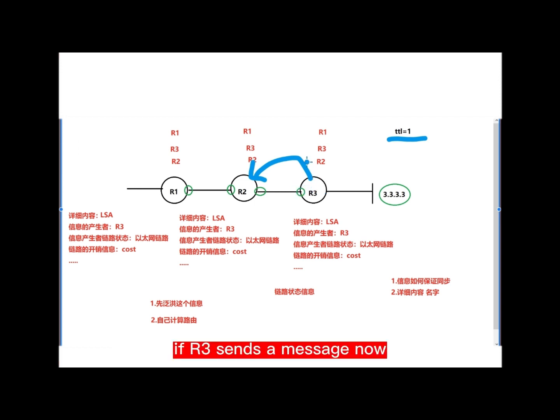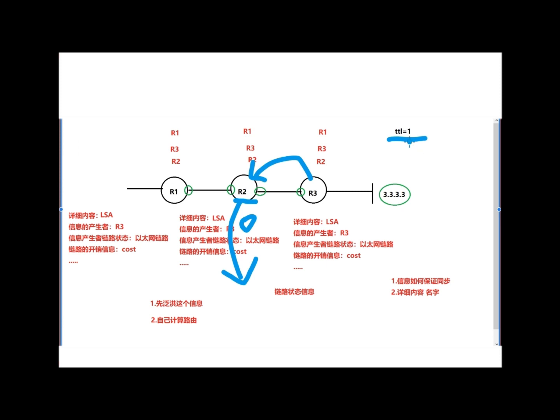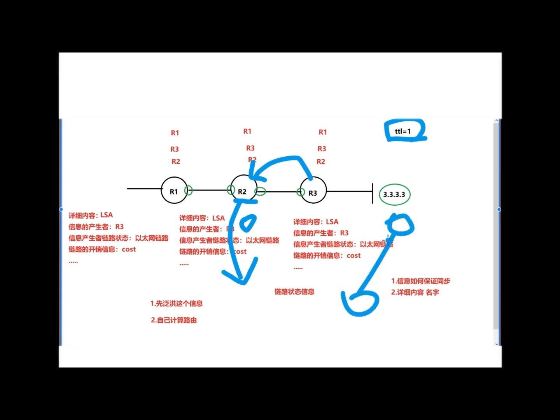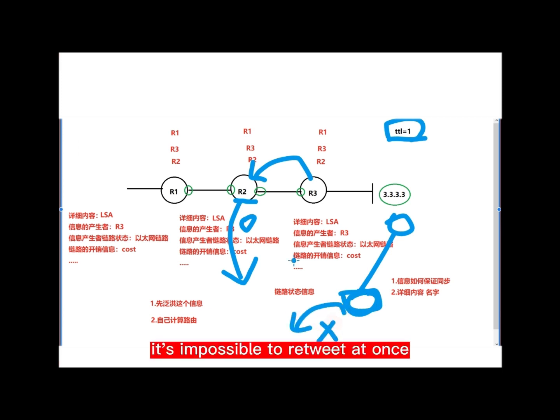If R3 sends a message now, TTL is equal to 1. After receiving R2, its local value will be reduced by 1. Subtracting 1 equals 0. Packets are no longer forwarded. It is equivalent to the end of its life. So actually TTL equal to 1 means that it can only be transmitted in one network segment. For the device below, it's impossible to forward it once.